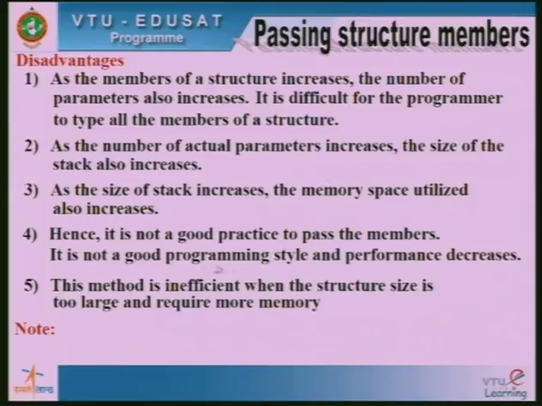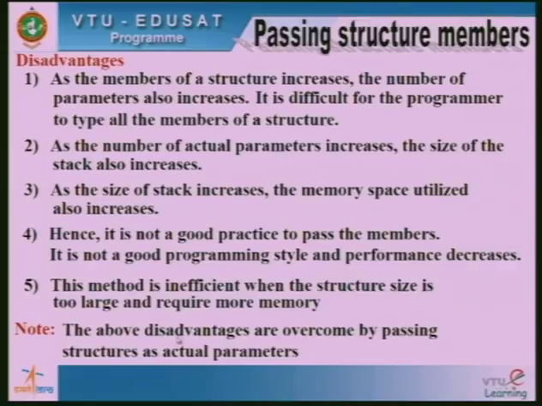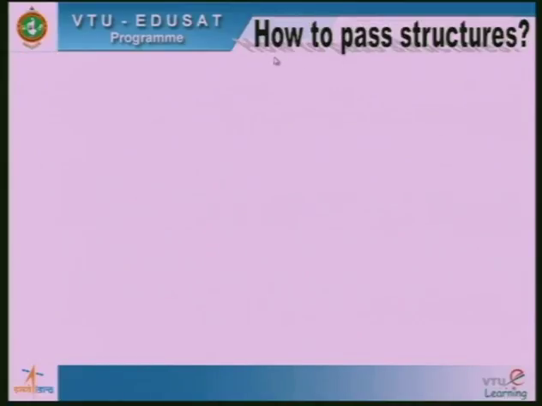But remember, as the size of the members increases, the time taken also increases and it requires more memory. So the above disadvantages are overcome by passing structures as actual parameters. So let us not pass the structure members, instead let us pass structures themselves. Now let us see how to pass structures to the function.